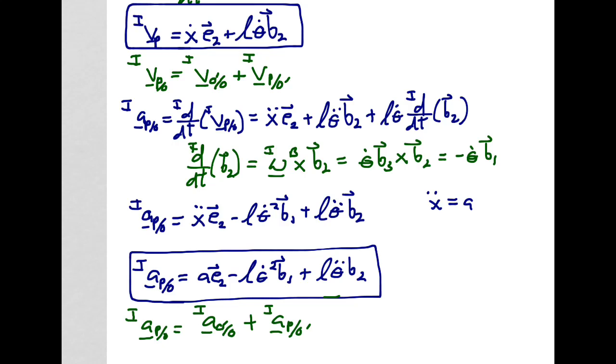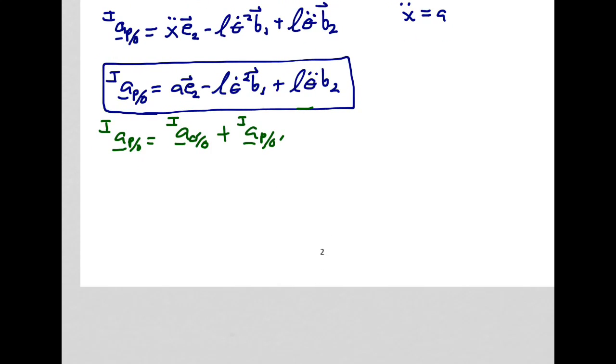This gives us our acceleration of point P observed in the inertial reference frame. And so this should make sense because we've got our linear acceleration, and then in our pendulum we have our centripetal acceleration, pointed in the negative B1 direction, and then we have our tangential acceleration of that simple pendulum in the B2 direction.